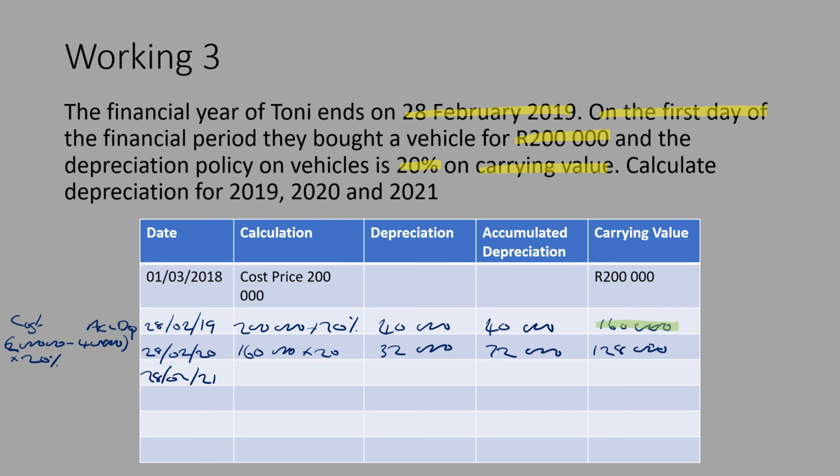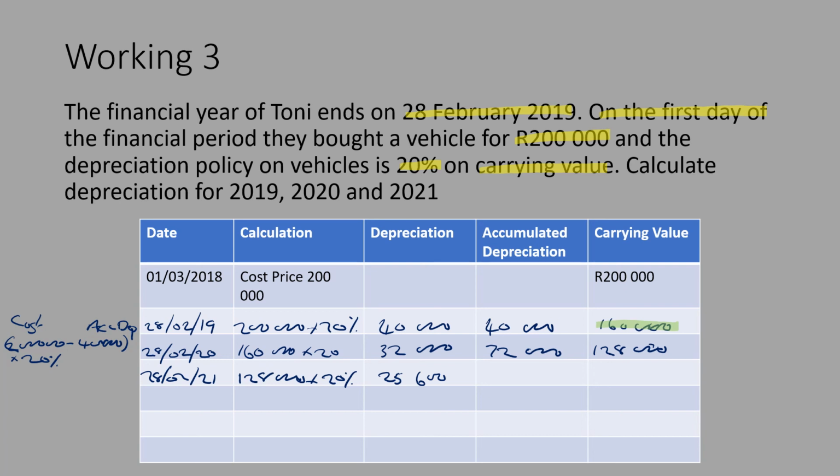2021. Right, my depreciation will be 128,000 times 20%, which is 25,600.